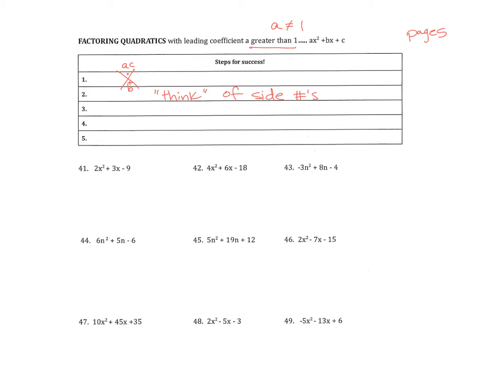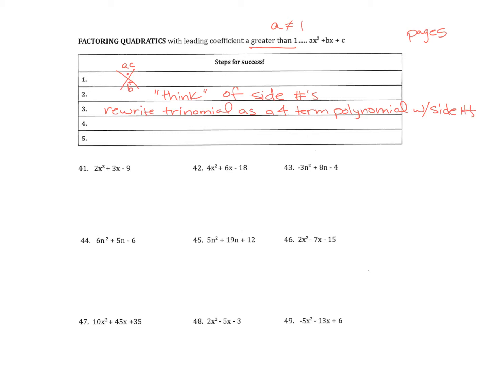So next, we take our side numbers, and they are not our answer. There's no shortcut here. Instead, we rewrite the trinomial as a 4-term polynomial with our side numbers.